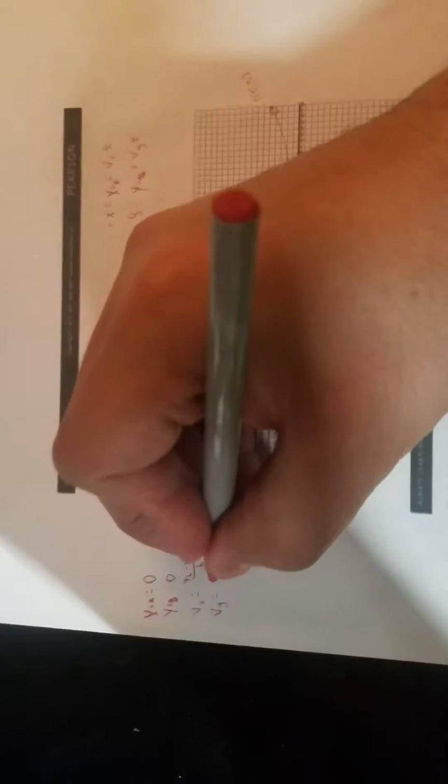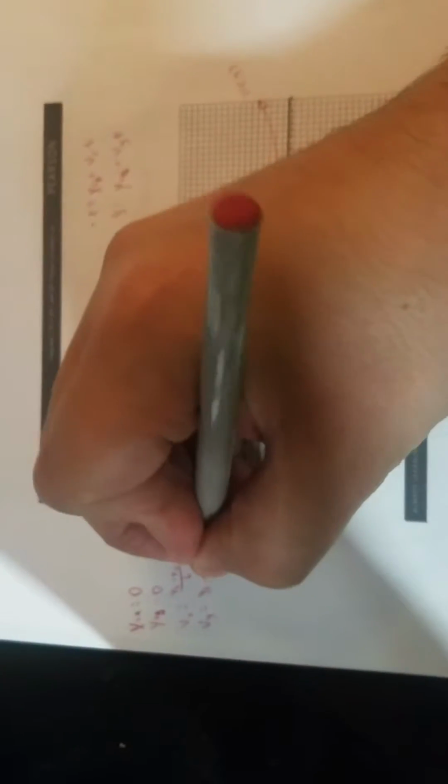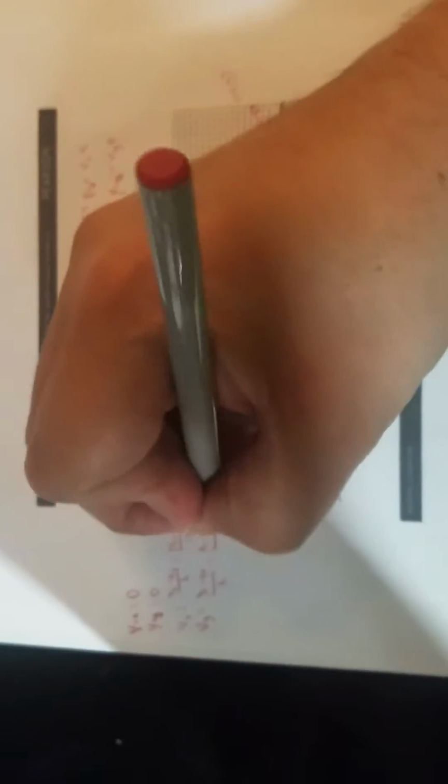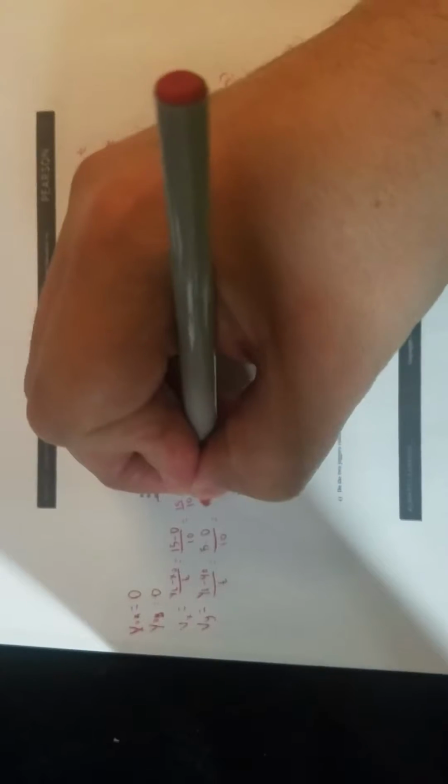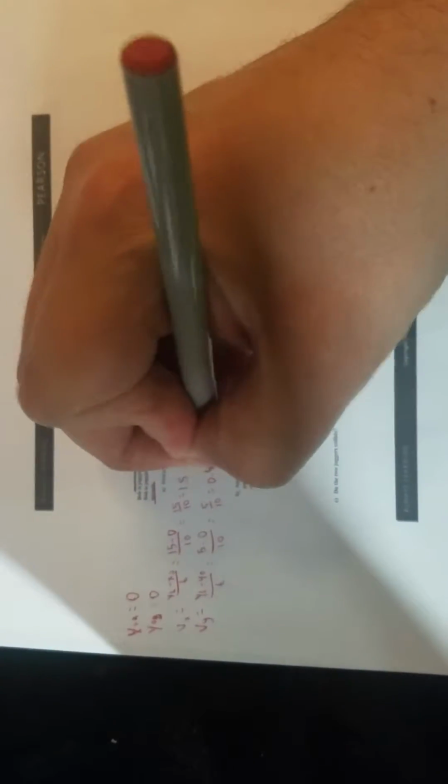Okay, this one was easy enough to figure out. His initial y is 0, so put it at 0. And his velocity, remember, is going to be y final minus y initial over time. So here his final y is 5 minus 0 divided by 10. So 5 over 10, which is 0.5.